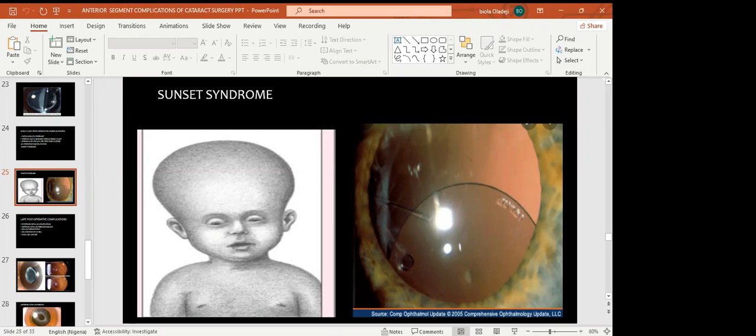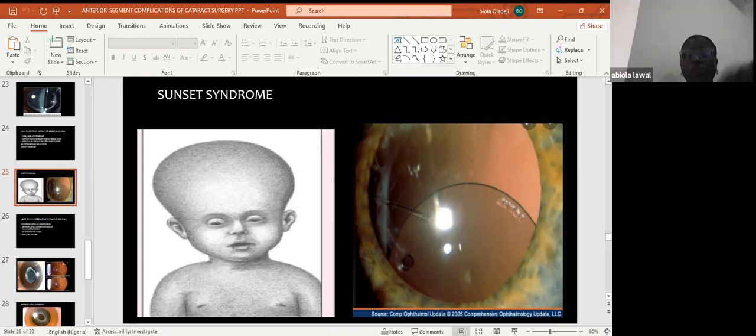How does it occur? Okay, so capsular block can occur early when you have viscoelastic, particularly the cohesive type, trapped. Normally you put visco to help fill your bag before you introduce your IOL.